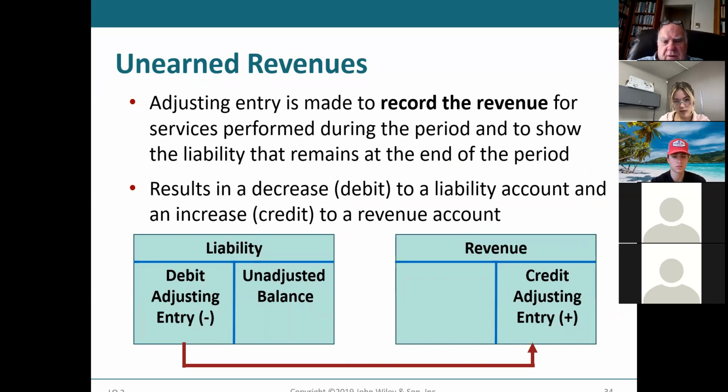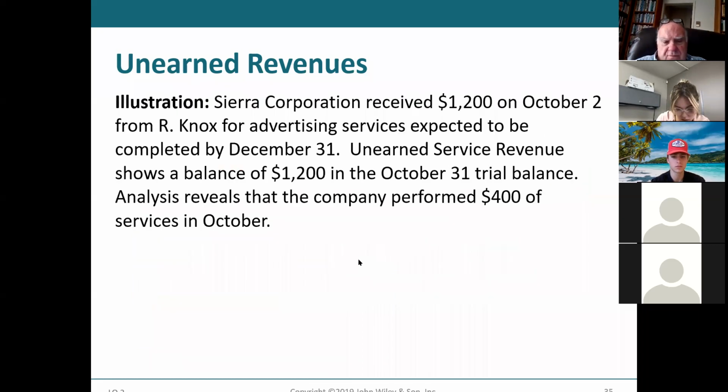So take a peek at the journal entry. We are going to debit that liability account called unearned revenue and credit regular revenue.